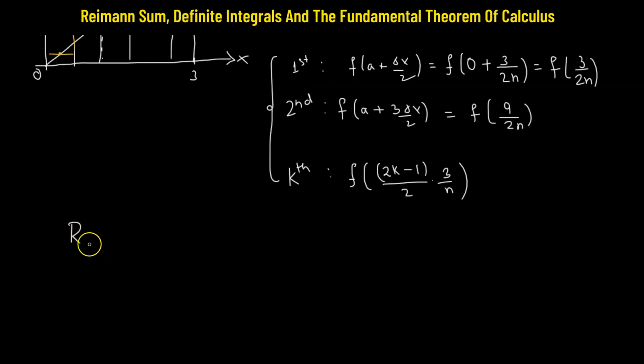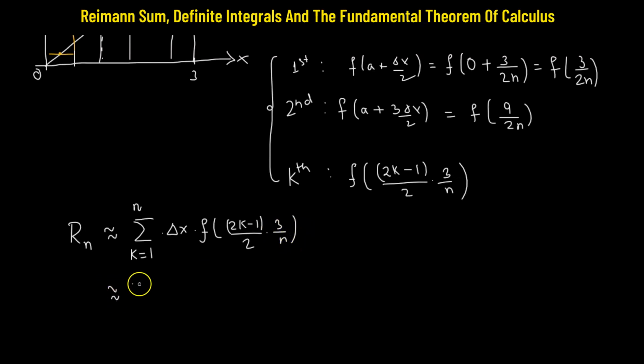So our Riemann sum R_n will be approximately the summation. We are considering n rectangles, so we have k going from 1 to n. Let's first write down the formula. We have delta x times f of the height of the kth rectangle, 2k minus 1 divided by 2 times 3 over n.